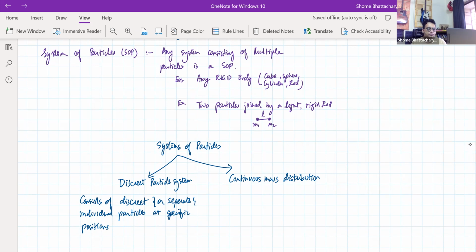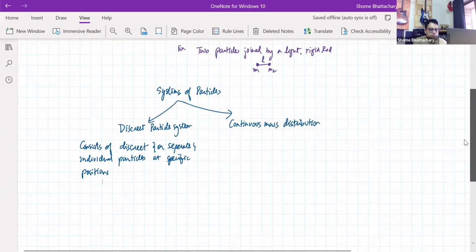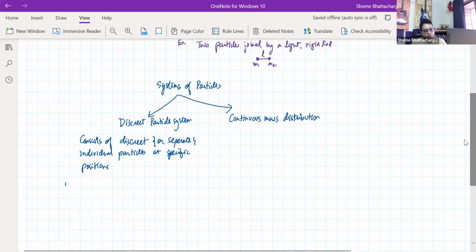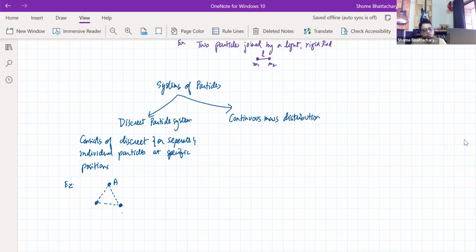So an example of a discrete particle system would be something like this. We have three particles that are located at three different points, A, B, and C, of masses m1, m2, and m3.